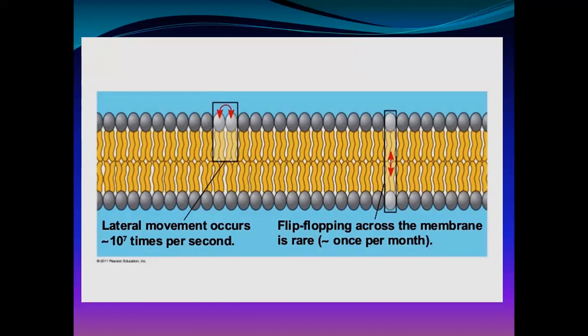So you can see that with the lateral movement of the phospholipids and the drifting of the proteins embedded in the lipid bilayer, there will be a wavy, moving appearance of the membrane. That is why it is called fluid in nature.